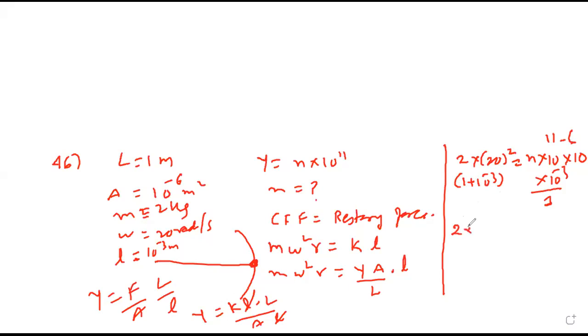So it will be 2 into 400 equals to n into 10 raised to minus 6, and this will become 5 minus 3. So it will be minus 9, 11 minus 9, that is 10 raised to 2. N will become 800 upon 10 raised to 2. N equal to 8.